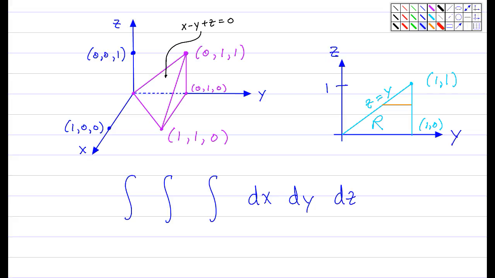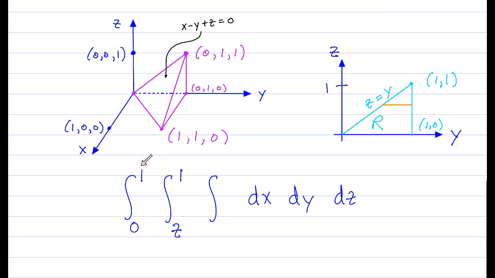That makes our Z bounds nice and easy, 0 to 1. For a given Z value, Y goes from this point to this point along this stripe. So Y is going from Z along this line to the value 1. So there's my Y bounds, Z to 1. So we just finished the region R.